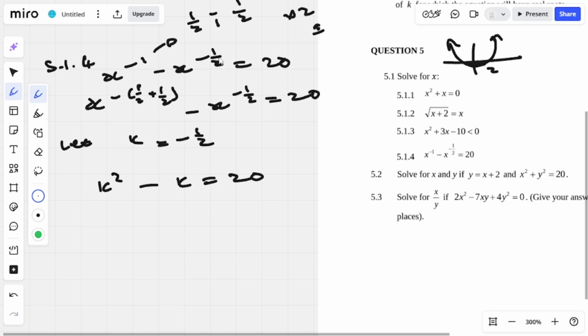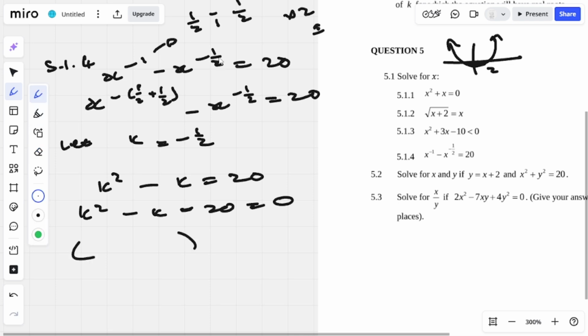Now it's something that you're familiar with. You subtract 20 on both sides, sorry, that's what I meant.